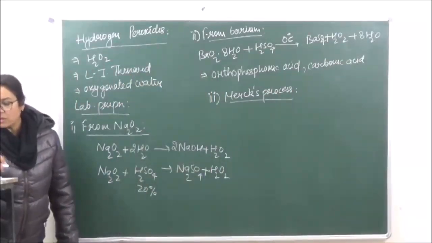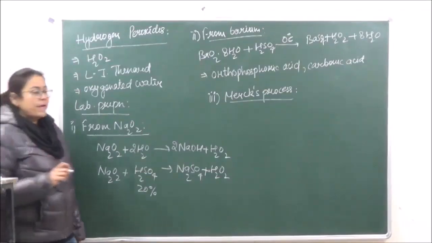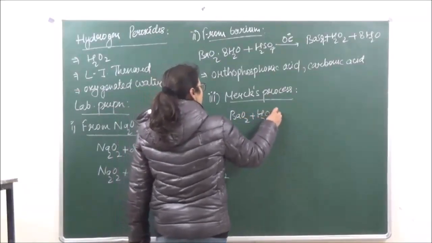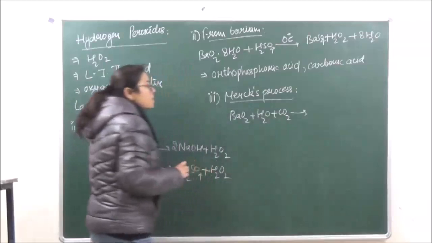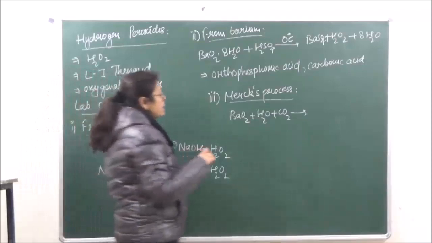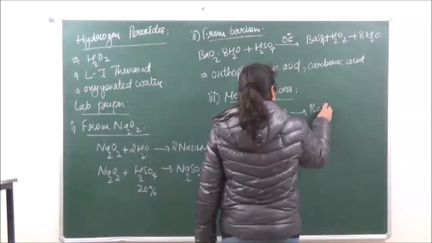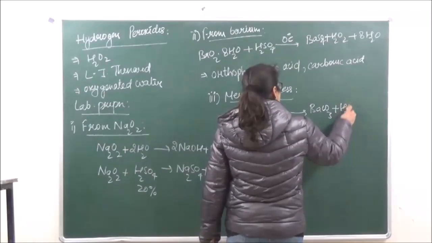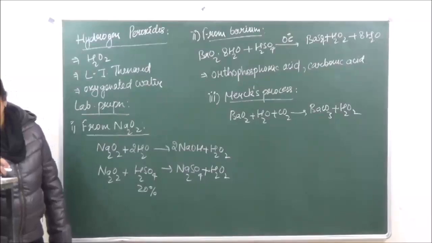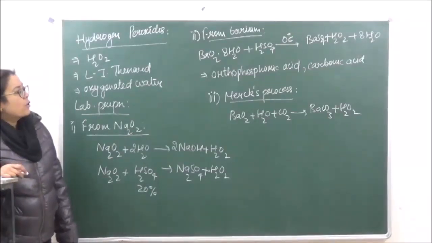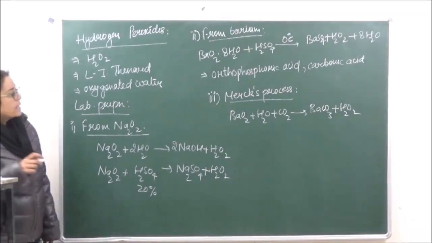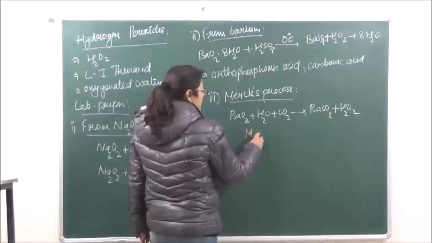Now in case of Merck's process, H2O2 can be obtained by reacting barium oxide with water and carbon dioxide, when we are going to get barium carbonate plus hydrogen peroxide. Okay? So this is what we are getting. Barium carbonate is insoluble and so it can be easily filtered off, and the solution contains majorly H2O2.